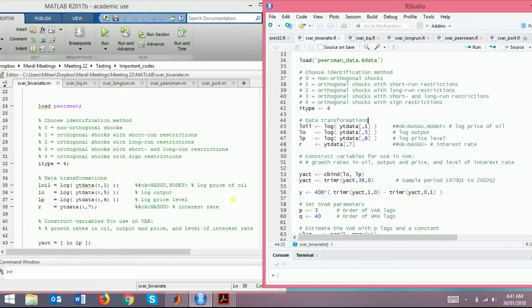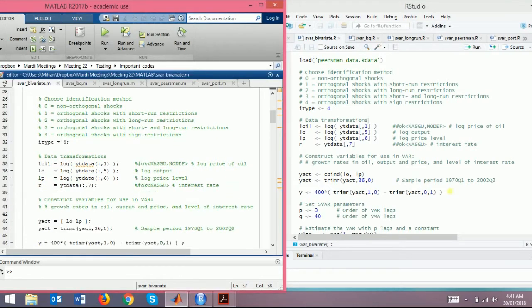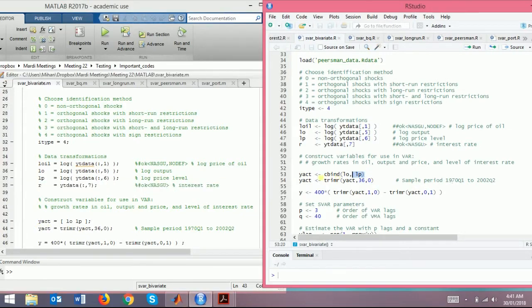We convert our data, preparing it for use by taking the logarithm, and we create the bivariate system. Very simple: column bind log of output and log of price. And we're going to trim the first 36 rows from the system and nothing from below.